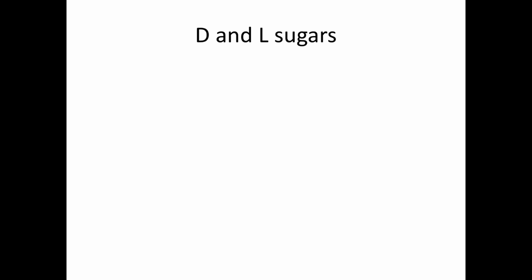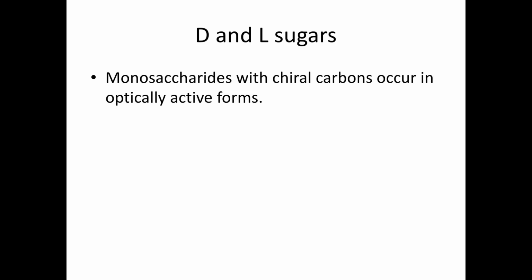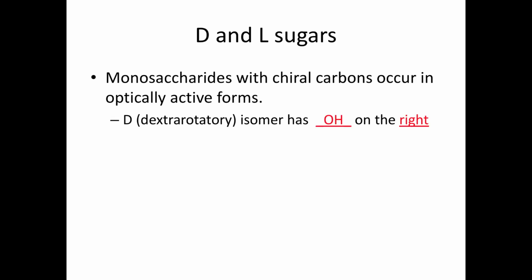So monosaccharides with chiral carbons occur in optically active forms, and we refer to these as D or L forms. In the D form of sugar, this is dextrorotatory. This D isomer, when we write the formula, has a hydroxyl group on the right side of the molecule.